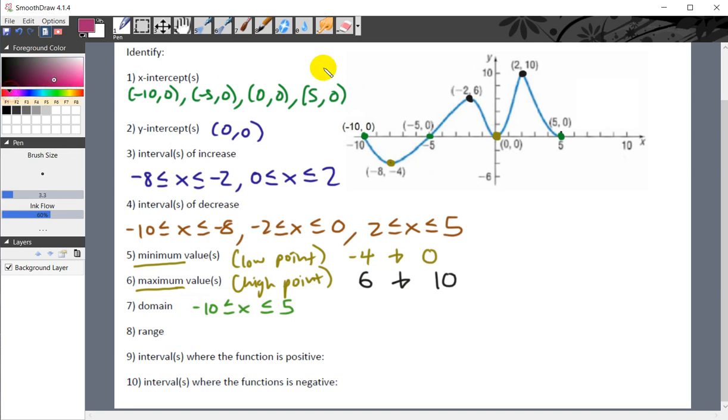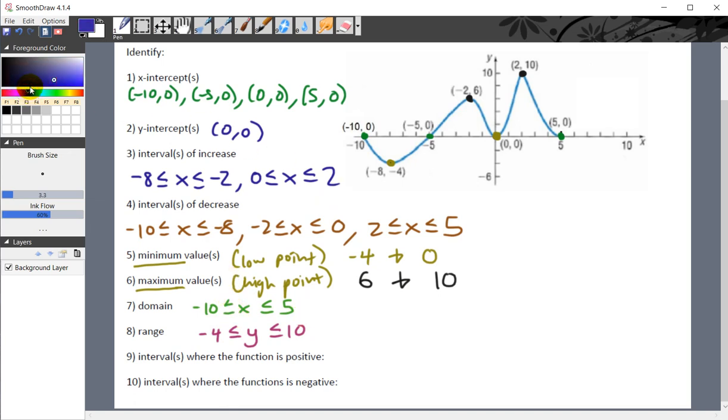Now our range. Range, we're going to look at this here. The low point here is -4, and it goes all the way up to this high point at 10. So let's go ahead and annotate that as well. So from -4 until 10. So y values between -4 and 10.